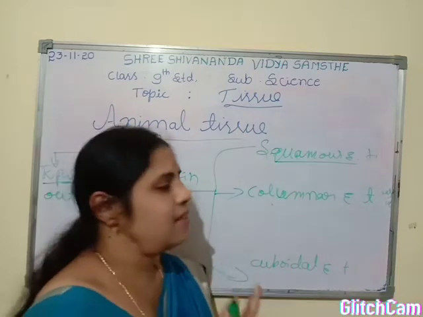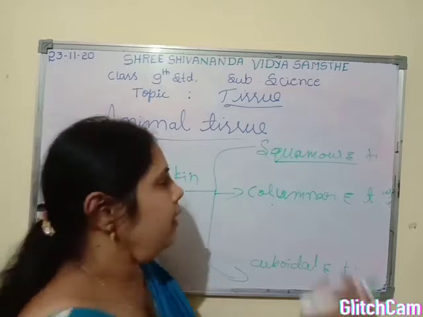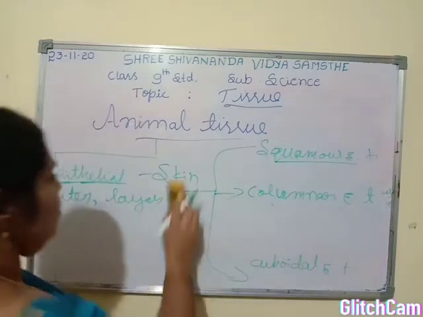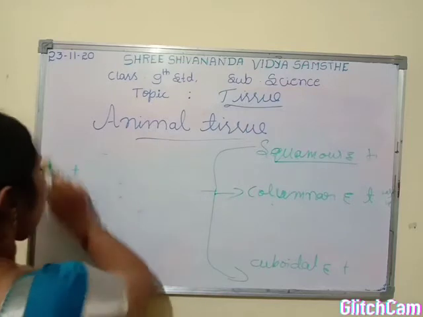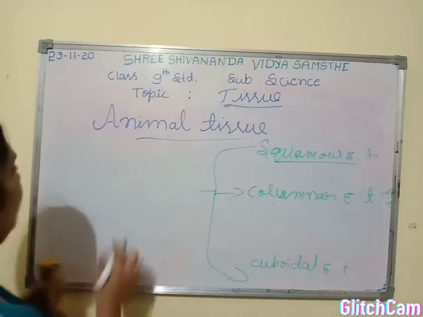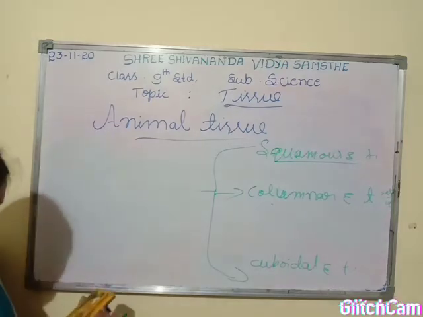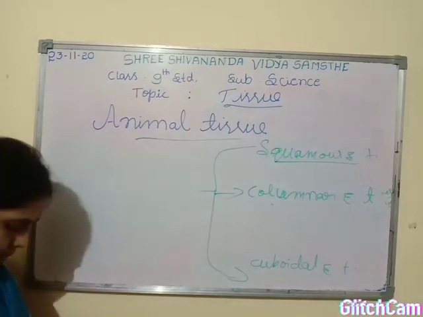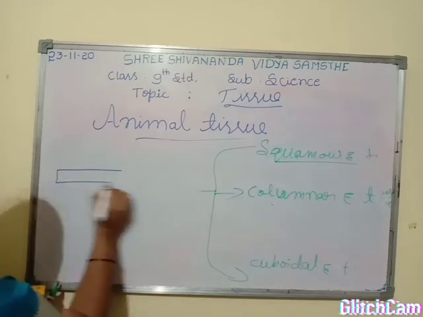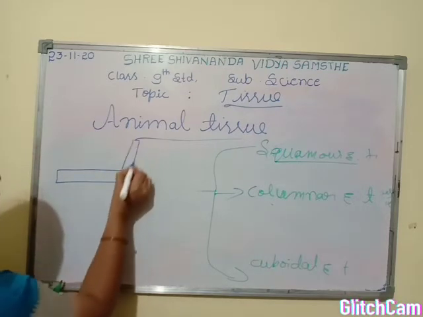The tissue having square shaped cells is called squamous epithelial tissue, because tissue is made up of cells. Here we take this, the basement membrane.